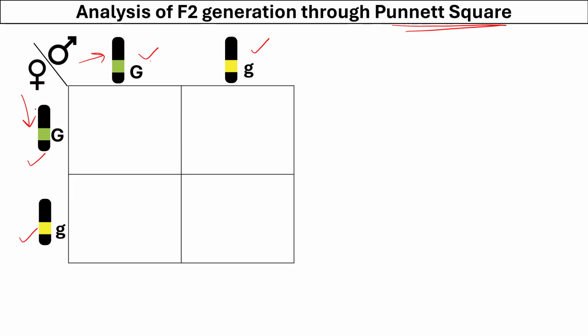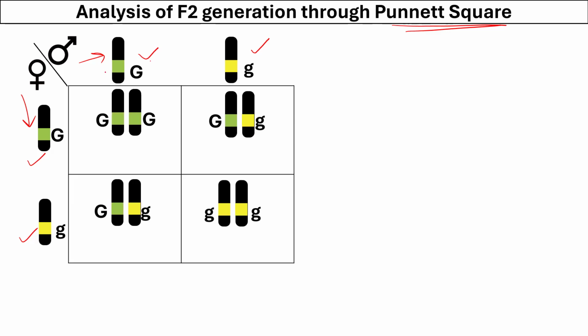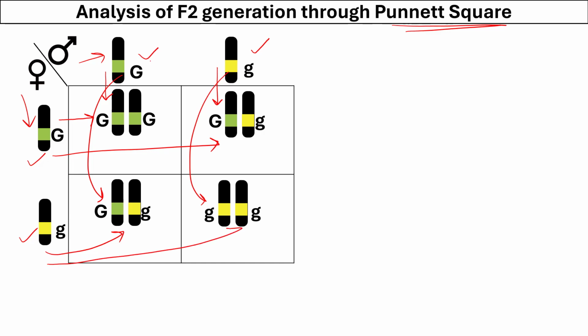We are making this cross because it's easier to visualize the cross between the gametes of parents by using this square method. So this one fertilizes with this one, or this one with this one, or this one with this one, or this one with this one.